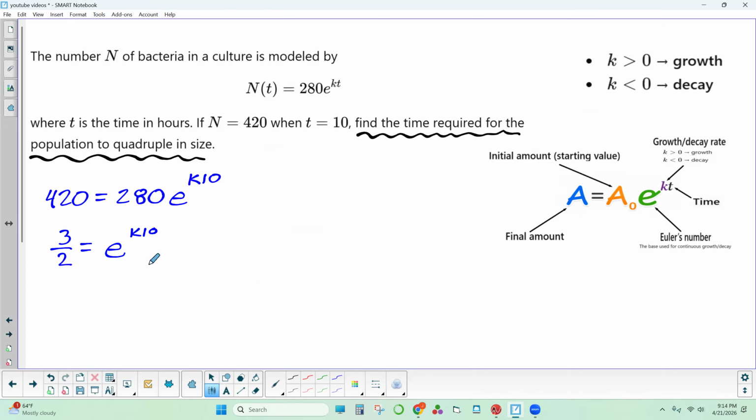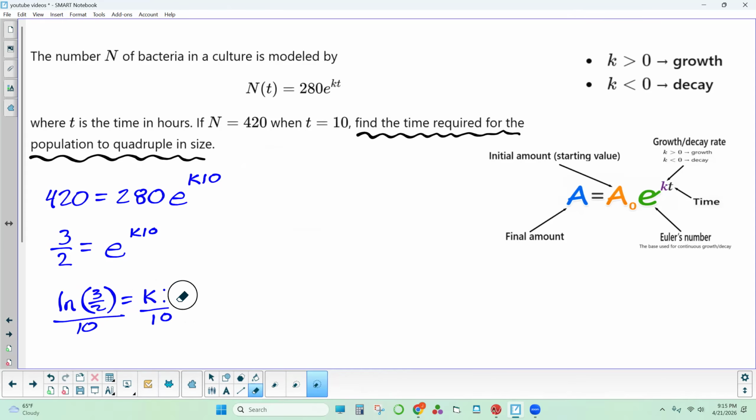Now I can write this as a natural log, which is natural log of 3 halves equals k times 10. Now, if I divide both sides by 10, the 10s cancel out over here, and I have my rate.